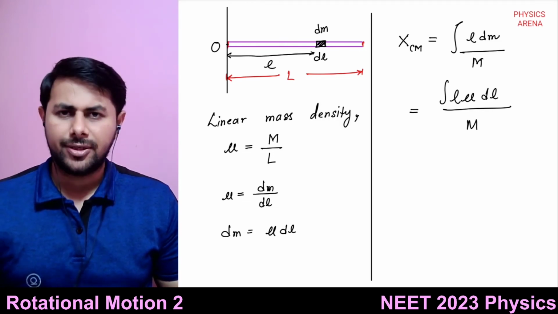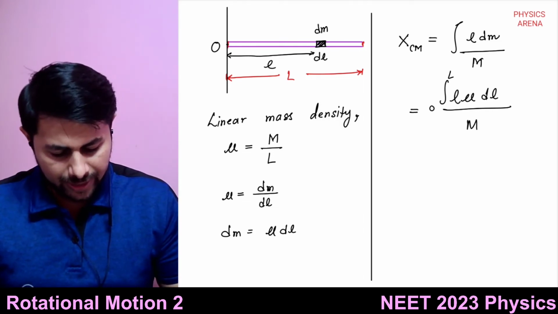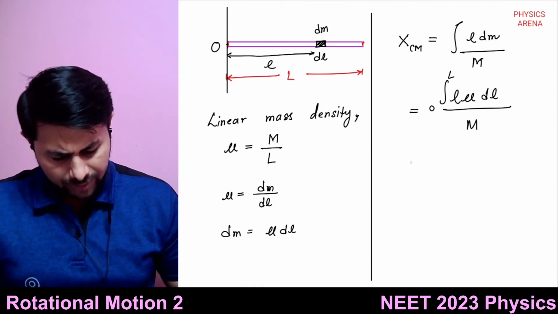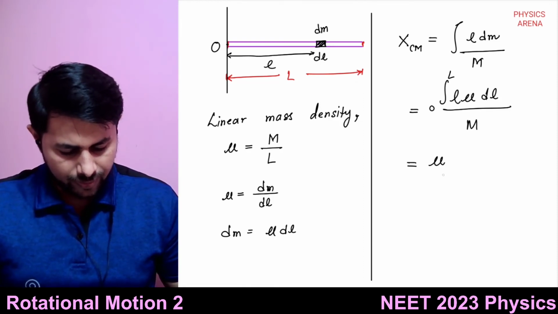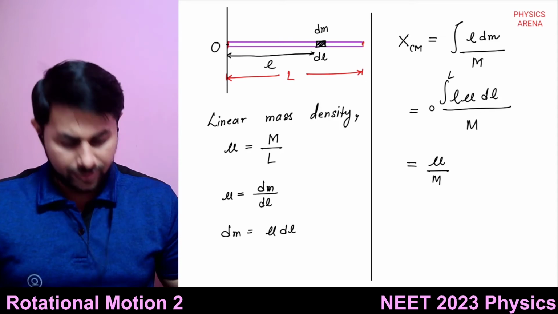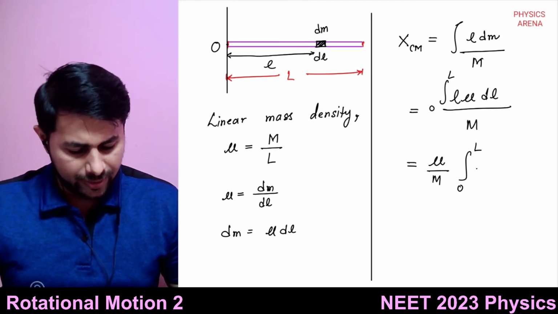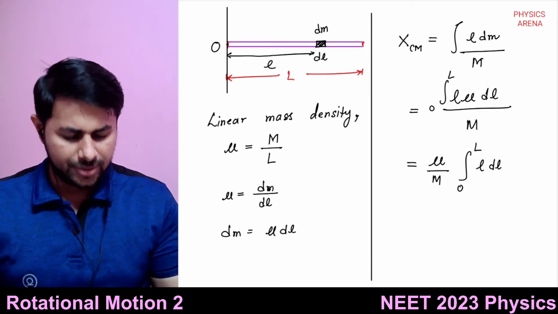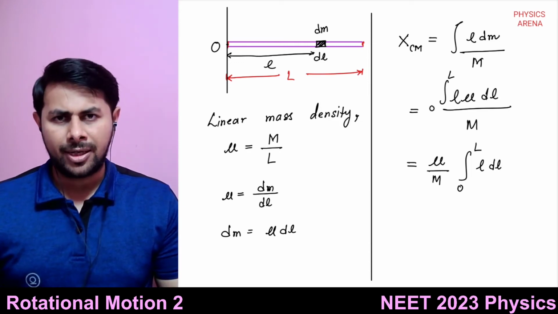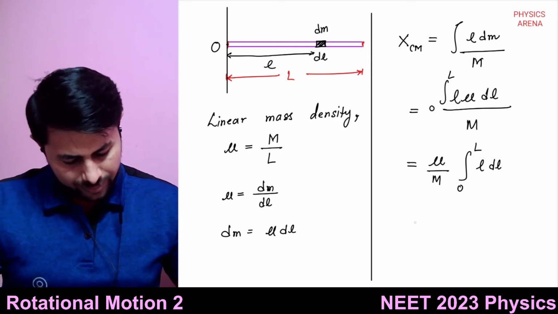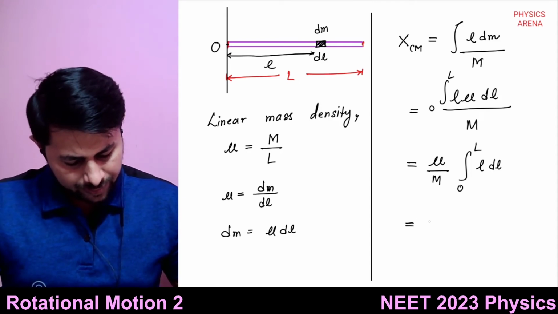So l will change from 0 to capital L, right? Then we can take mu out, so mu upon m we have. The integral from 0 to capital L of l dl is what? l square divided by 2, right?